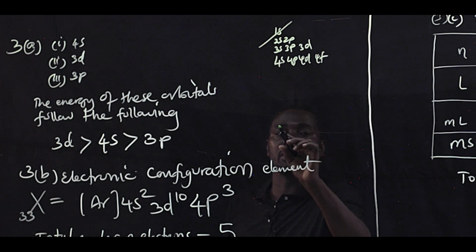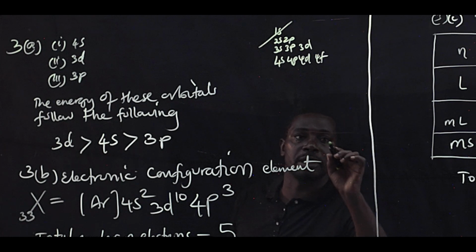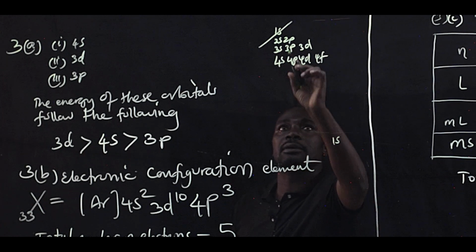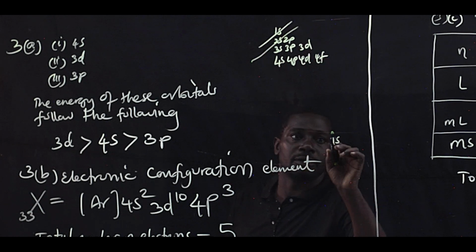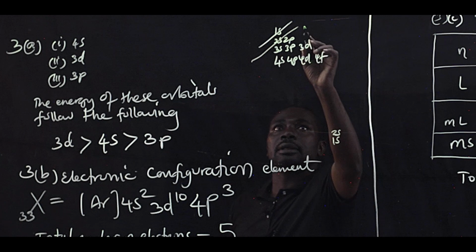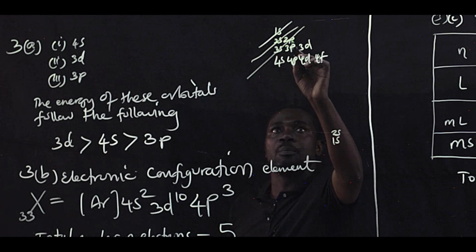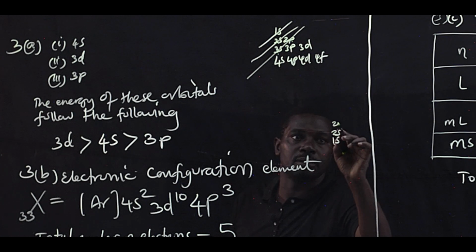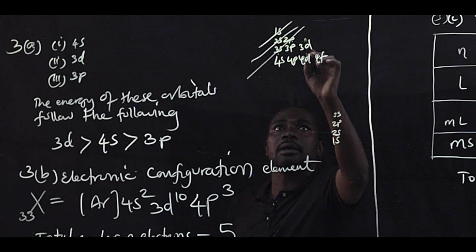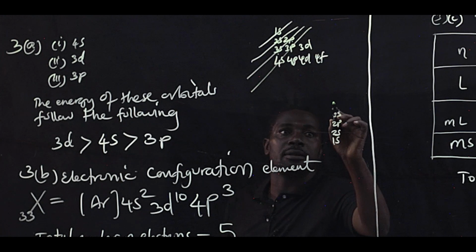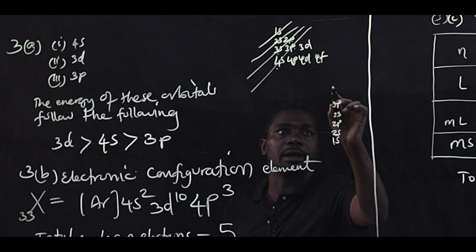So the first shell has the first subshell, which has the lowest energy level, 1s, then followed by 2s, then 2p, 3s, then 3p, 4s.